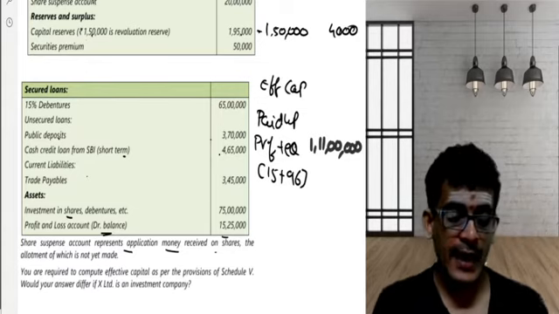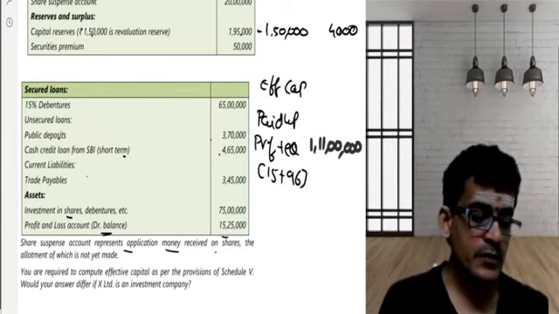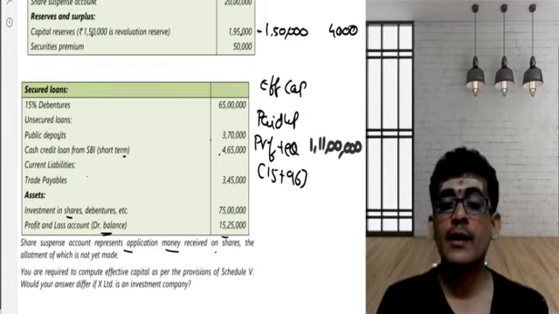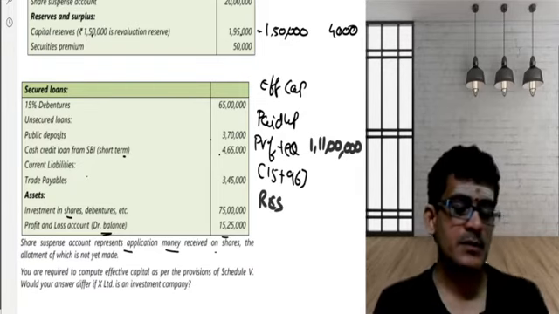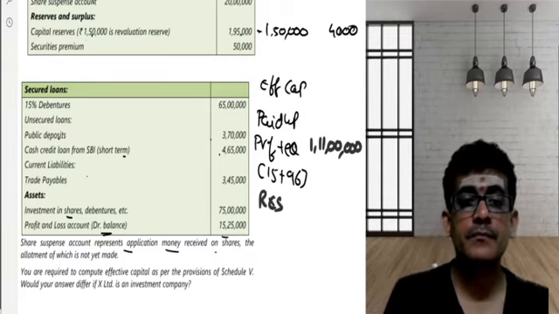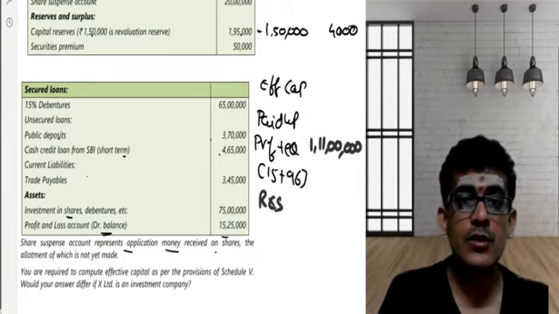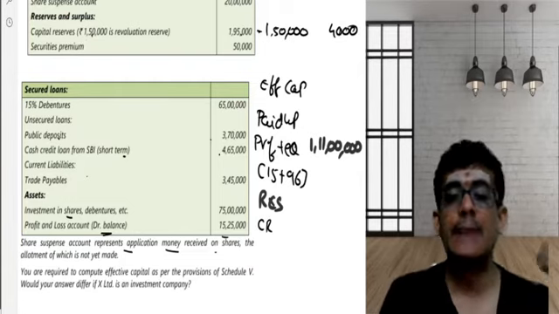Now we have taken the aggregate. Once we take the aggregate, the next one is your reserves and surplus. Here you have two things. One, you have your capital reserve.